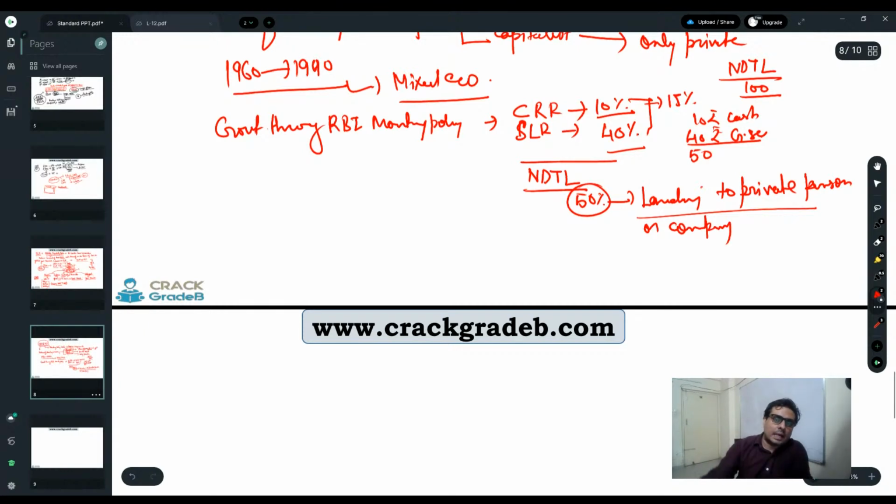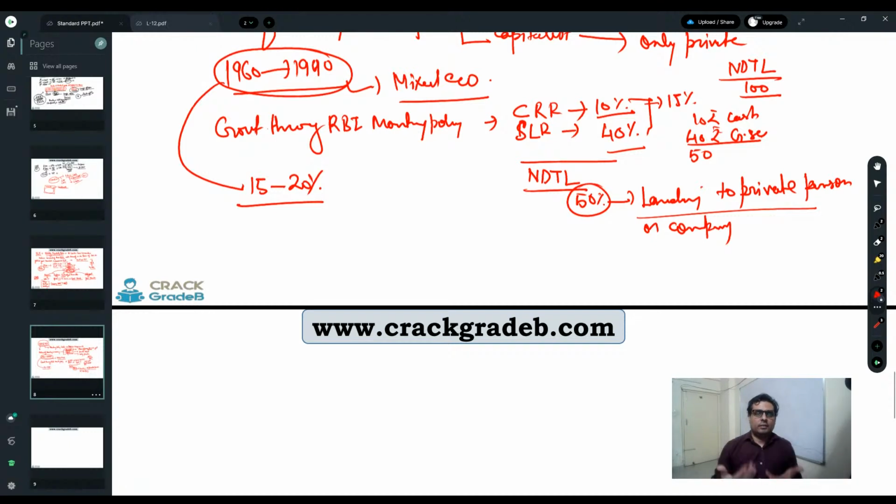So that's why in India during this phase, interest rates were very high, 15 to 20%. Even if you talk to your older generation, your grandparents or people above 60 or 70, and say you want to take a loan to purchase a home or something like that, they will not be very convinced.